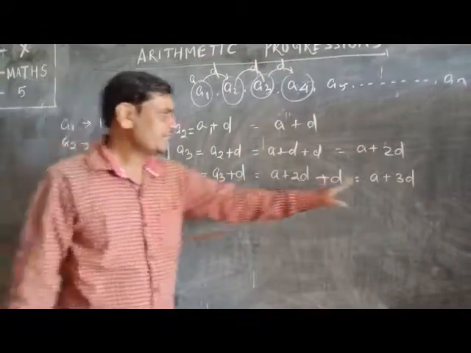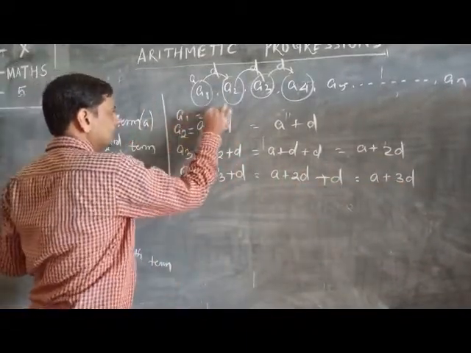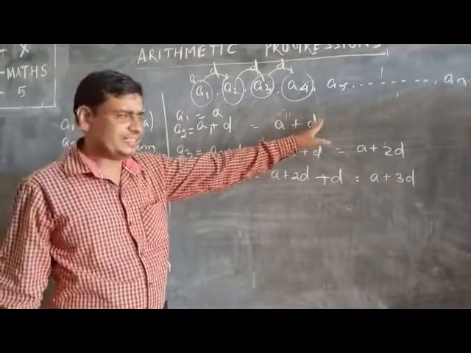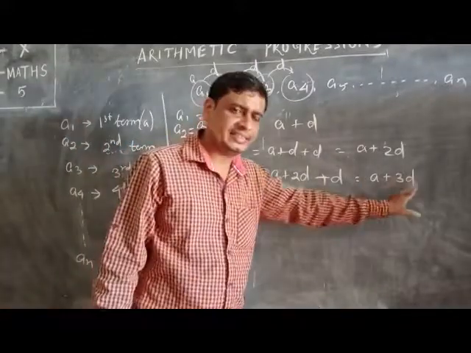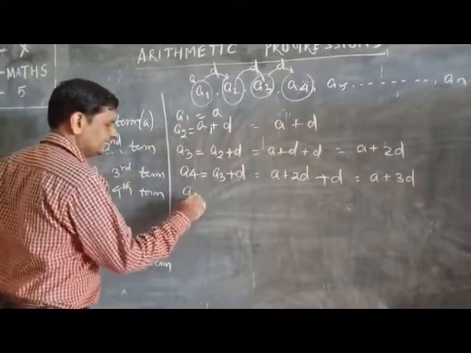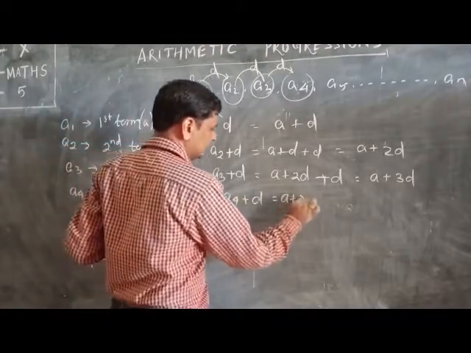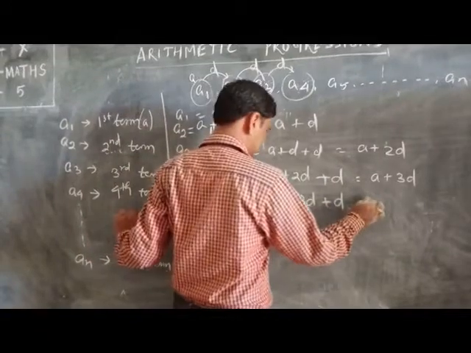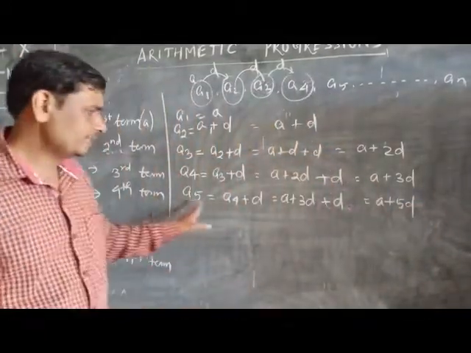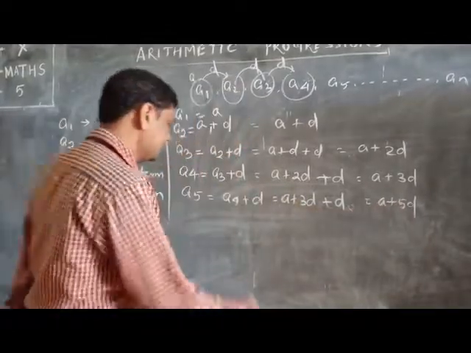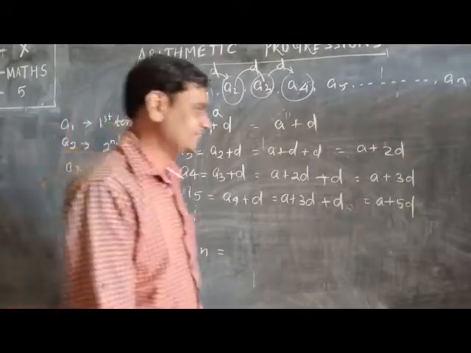Here A4 is A plus 3D. So the first term A1 is A, A2 is A plus D, A3 is A plus 2D, A4 is A plus 3D. Then A5 is A4 plus D, that is A plus 3D plus D, which becomes A plus 4D. In this way, we can find AN. What will be AN?